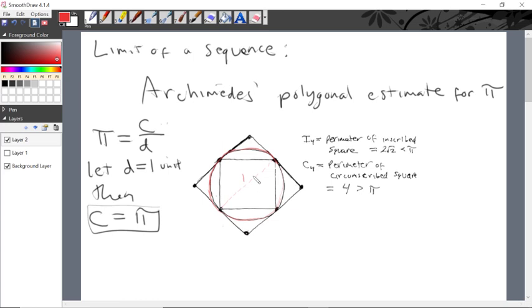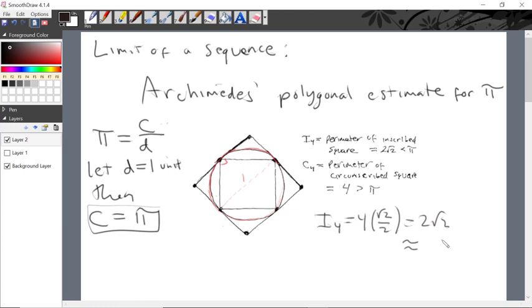So if this is equal to 1 unit and this is a square, use the Pythagorean theorem. We'll get that this side length and this side length each have to be root 2 over 2, because 2x squared equal to 1 means x squared equals 1/2, and the square root of 1/2 is root 2 over 2. So the total perimeter of this inscribed square is 4 times the square root of 2 over 2, in other words, 2 root 2.